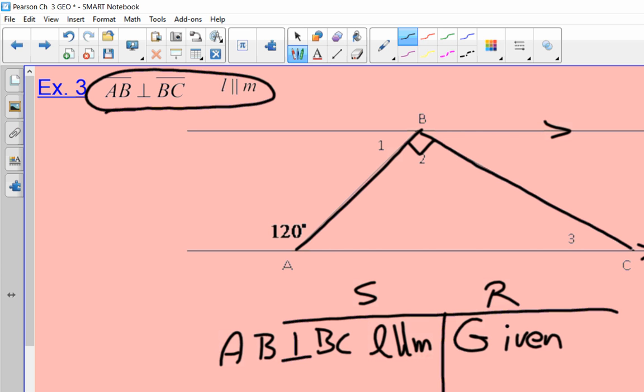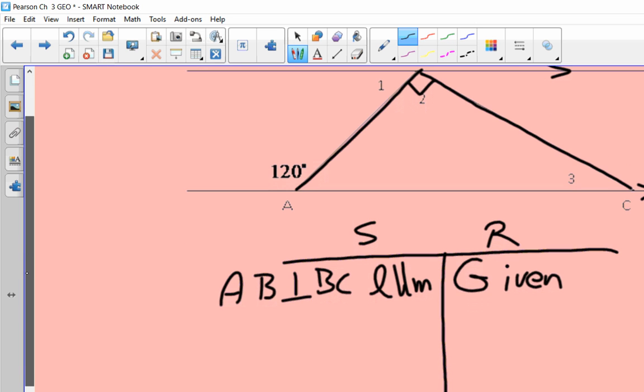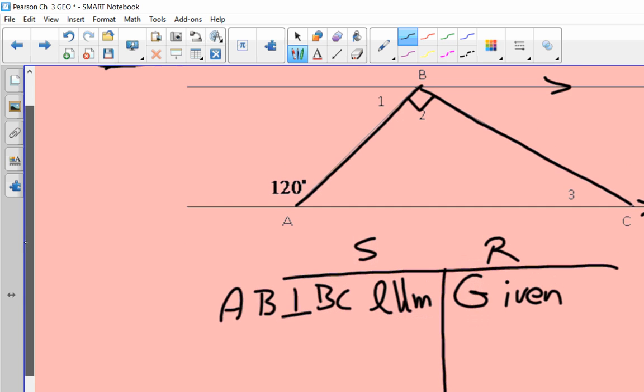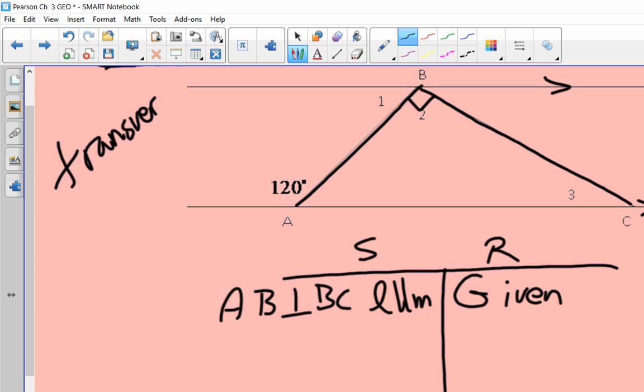Okay. Now I need you guys to kind of go with me here. We need to remember when I see or hear I have parallel lines, I want to think right off the bat transversal. We got all these lines going on. If I see parallel, I'm thinking transversal. And remember too, we can extend stuff. So I'm going to extend this line here and here.